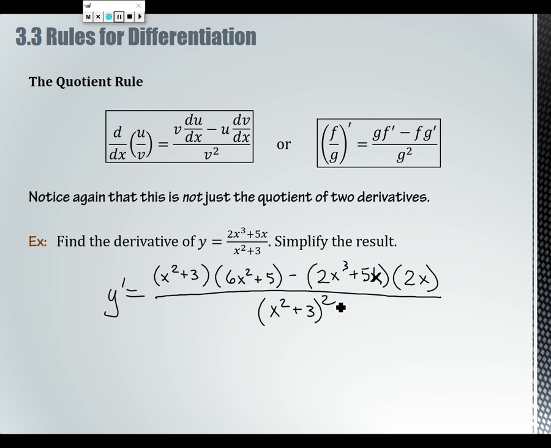Okay? Now there might be some simplification work to do in this numerator, so we should maybe do that. The denominator we could multiply out, but I'm not sure that would be simpler, so we can leave that.